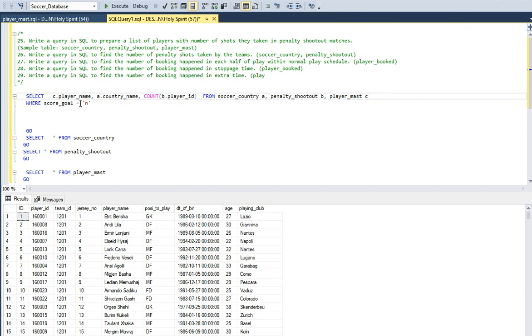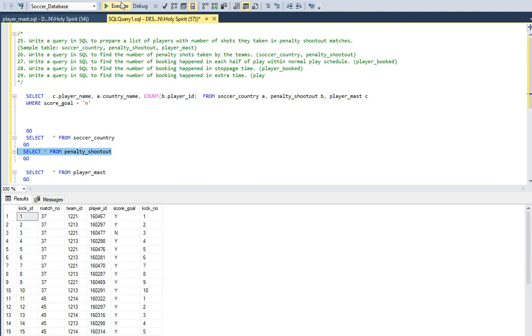Where? Did he score? He didn't score. Okay.